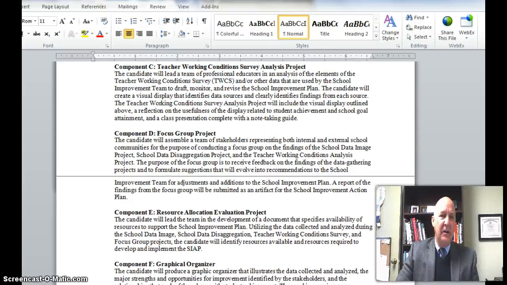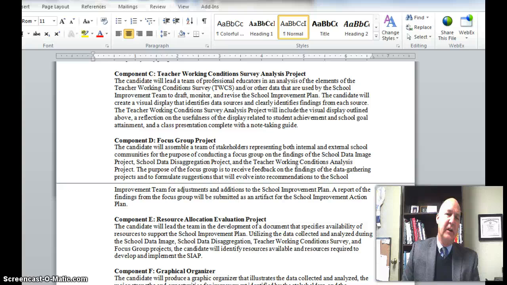Again, in my experience with this continuous improvement process, in A and B and C, we collect a whole bunch of the data to form this data picture of our school. And usually in our Wake County process, the comprehensive needs assessment was done every 2 or 3 years in order to try to get a 3-year school improvement plan up and running.